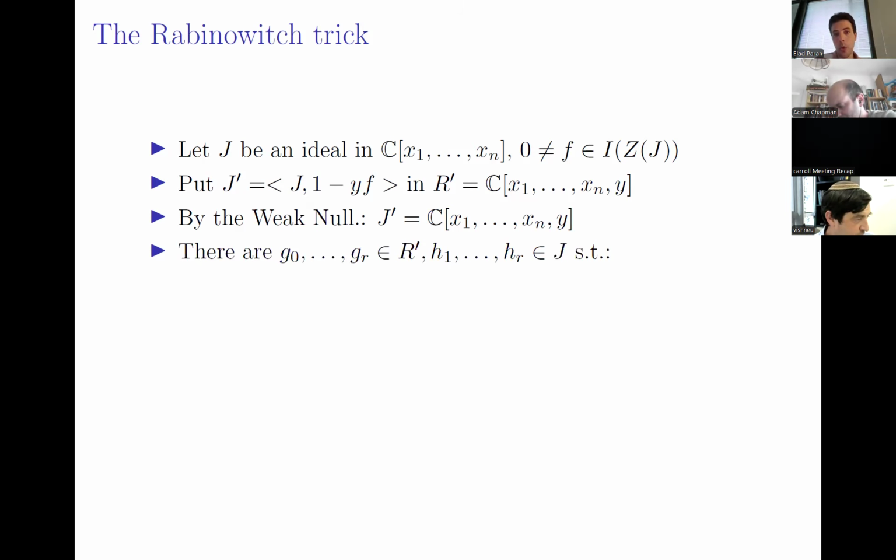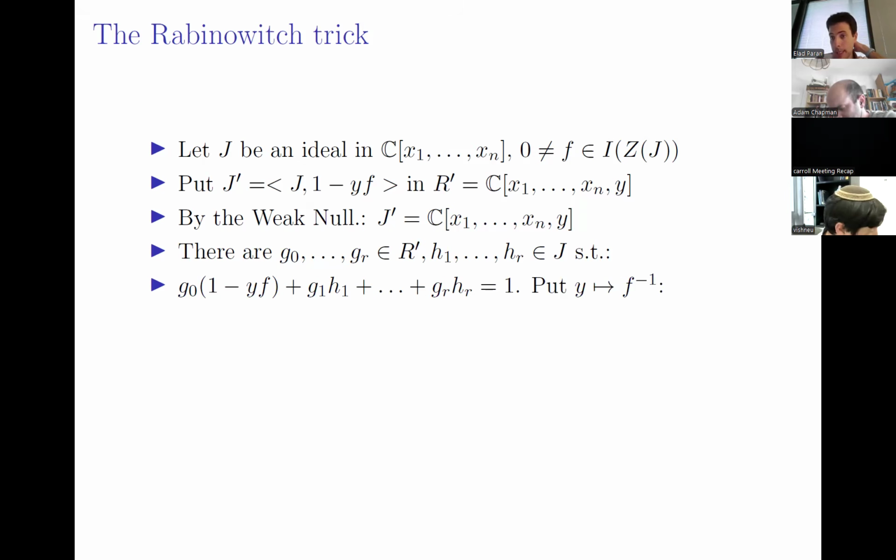Okay, so we can find such coefficients g_i and h_i in R' and J respectively, such that you get this equation giving you 1 on the right-hand side. And now the trick is to simply substitute y goes to f inverse over the quotient fields.